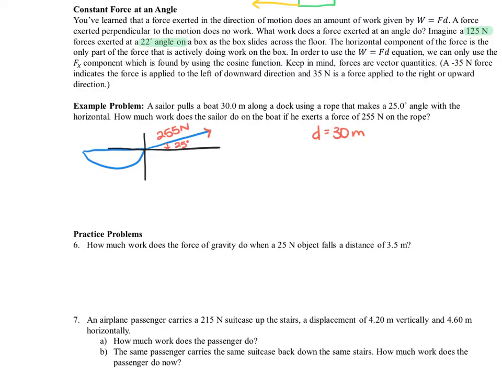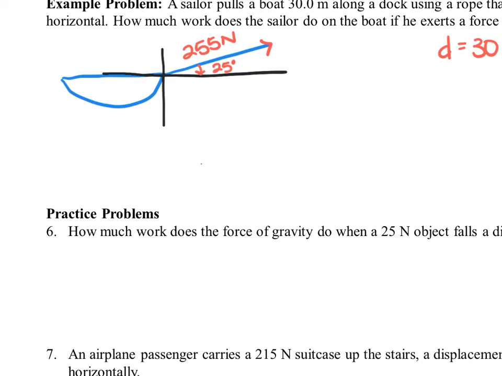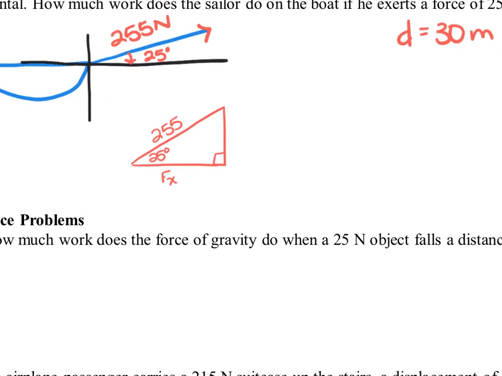So if we draw a right triangle, 255 is our hypotenuse. We want the x component of that. Our angle is 25 degrees. So if we are solving for the x component, we're going to use cosine.